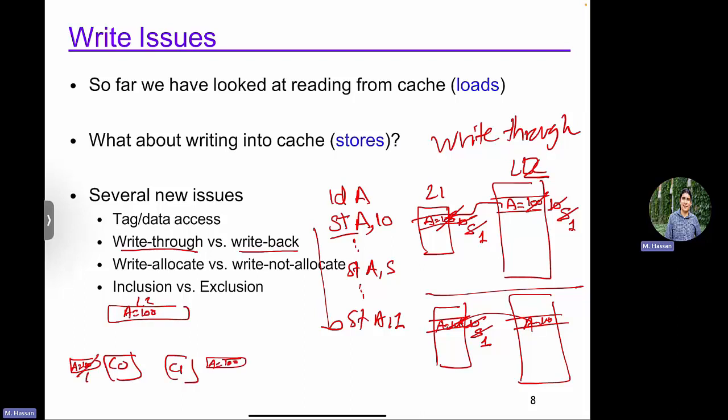Assume C0 wrote 10 into it. Now assume I want to load A. If I load it directly from the L2, I read the old value, right?